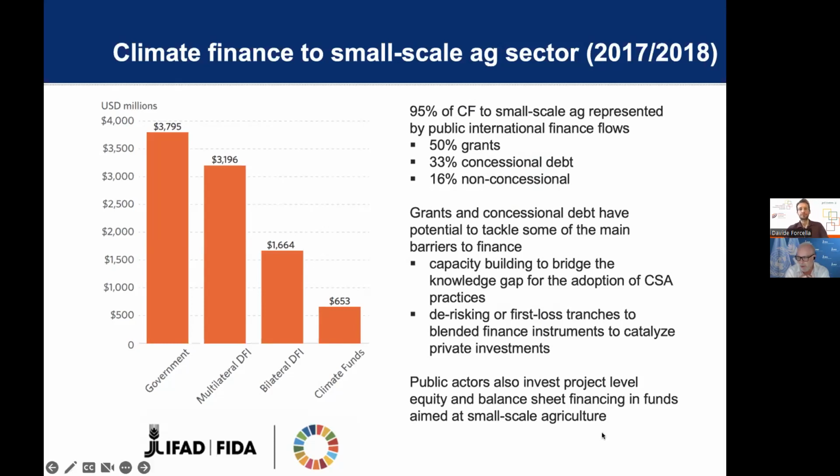So public actors are investing, and they're absolutely fundamental to stimulating and catalyzing new market development, which, by the way, is part of IFAD's almost still new inclusive rural finance policy, which was published about a year ago now, stimulating and catalyzing, using our money to do that. So next slide.